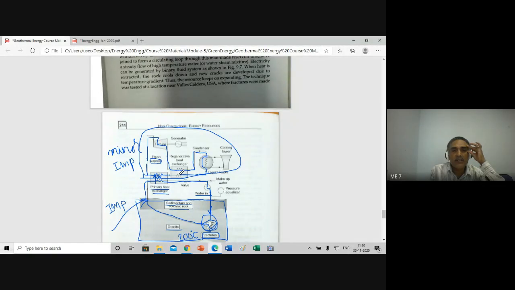Here it is cooled, but we have to heat it. That heat is transferred inside the regenerative heat exchanger, and after getting this heat, it is sent to the primary heat exchanger. From the primary heat exchanger, the cycle repeats.